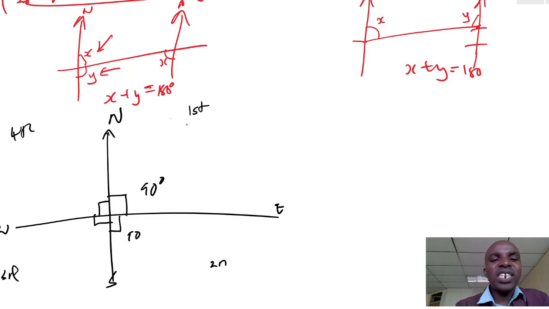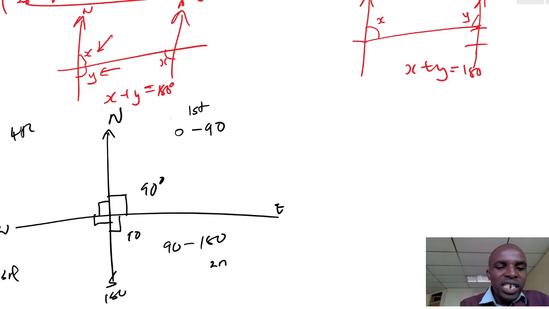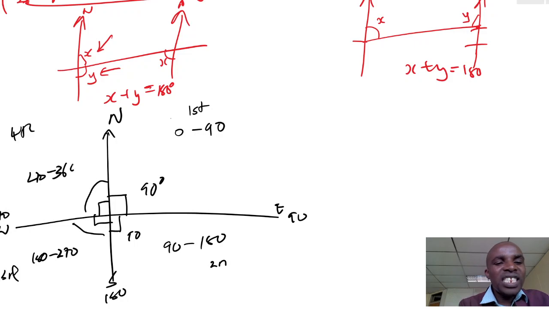The first quadrant has angles from 0 to 90, the second from 90 to 180, the third from 180 to 270, and the fourth from 270 to 360 degrees.